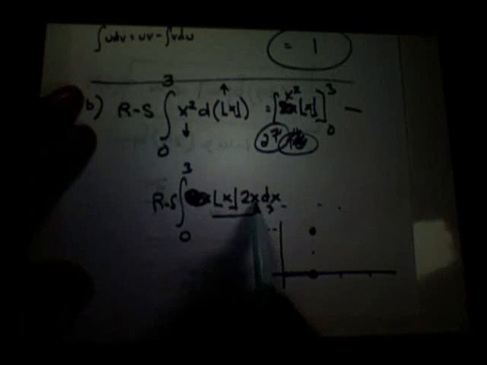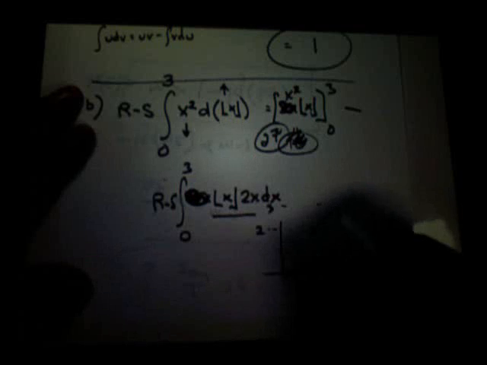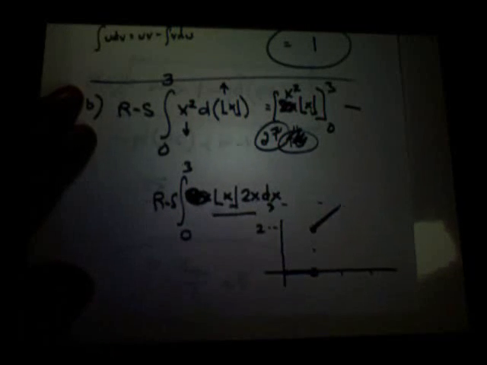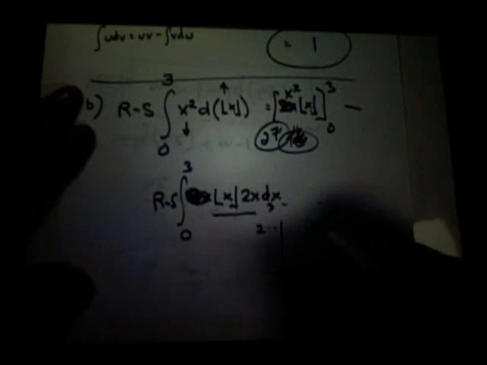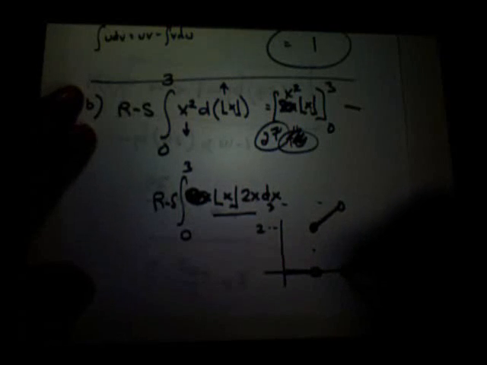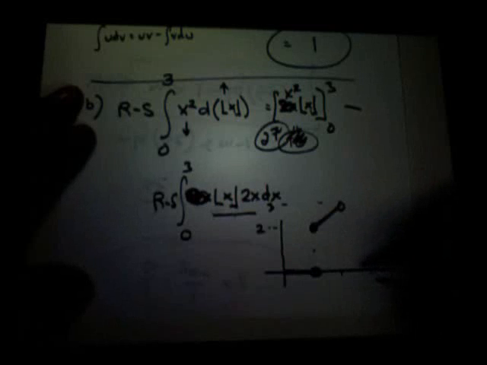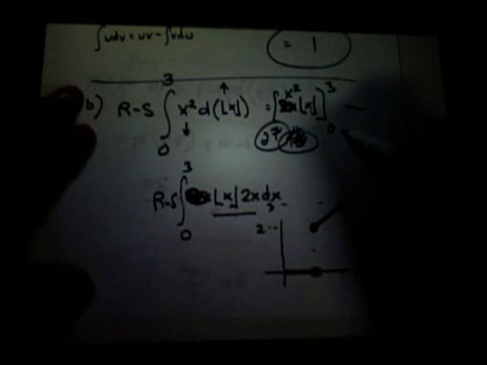2x, and then this guy has been integrated. And now I'm looking at the graph of greatest integer x times 2x. So it's 0 to here, open here, close, hops to here, and then between 2 and 3, the greatest integer is 2, and at 2, 2x is 4 times 2 is 8 right here, right?